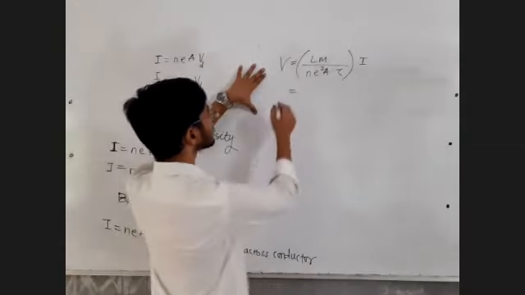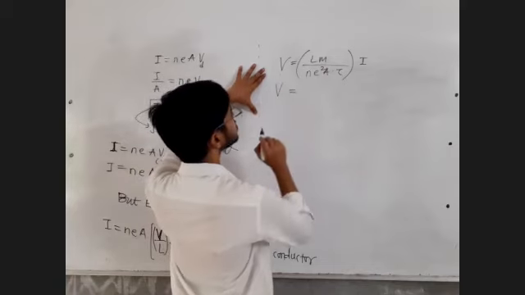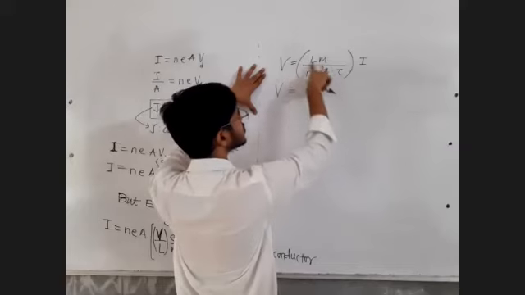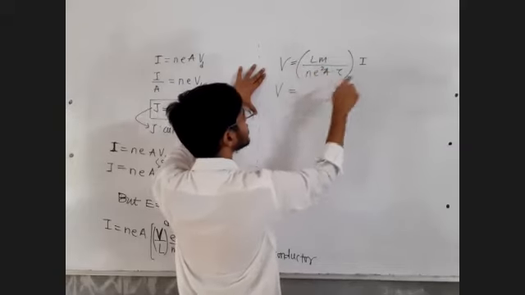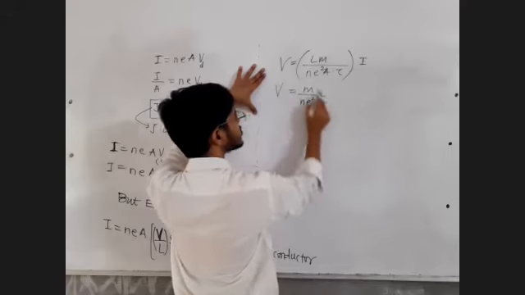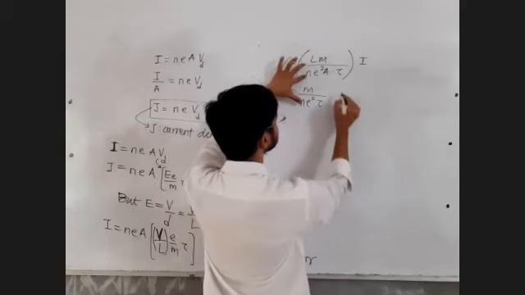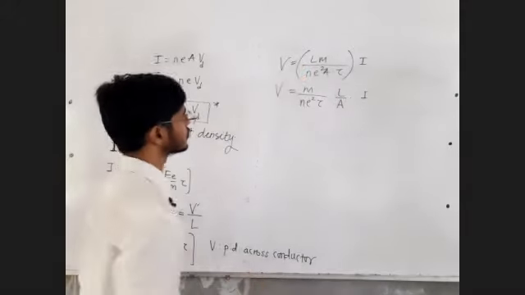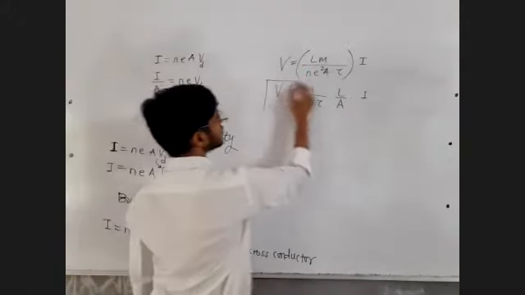Fine. Let me arrange the dimensions of the conductor, that is length and area, separately, and constant things separately.